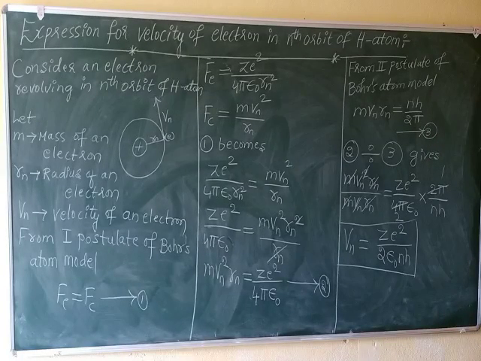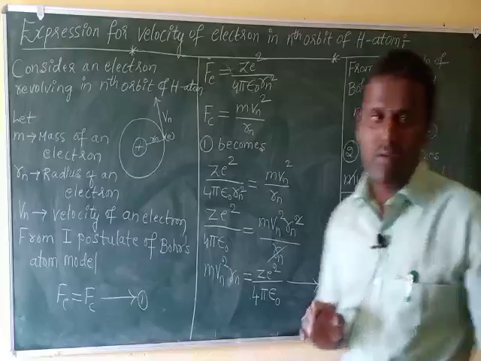This is the formula for velocity of an electron in nth orbit of hydrogen atom.